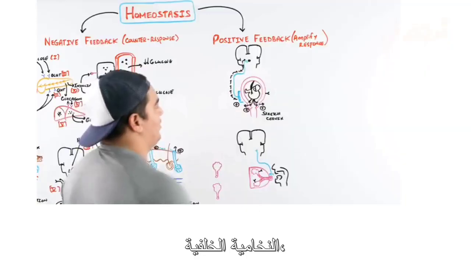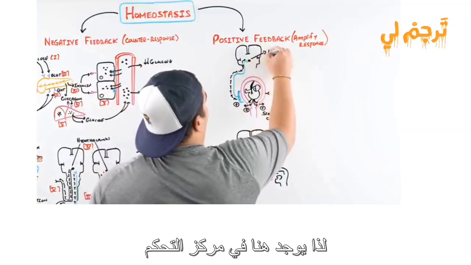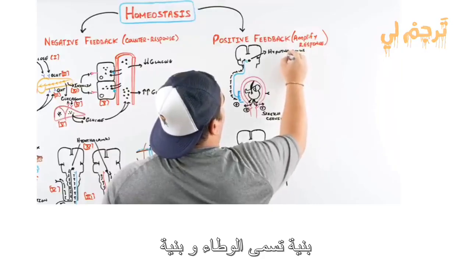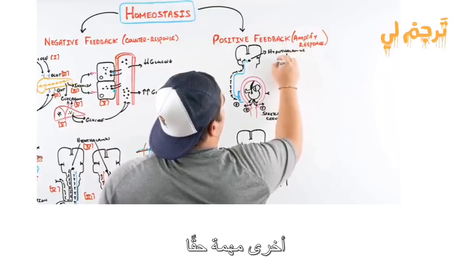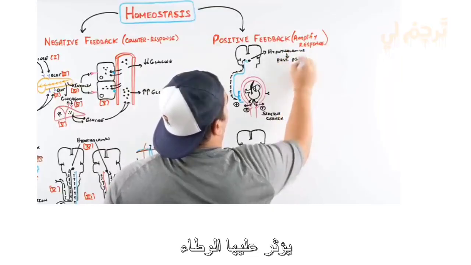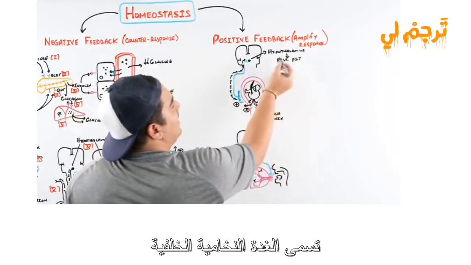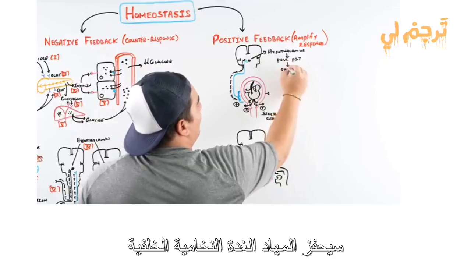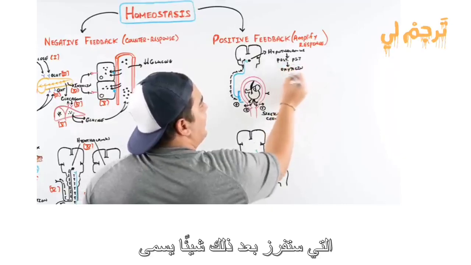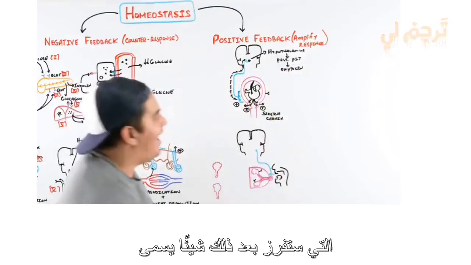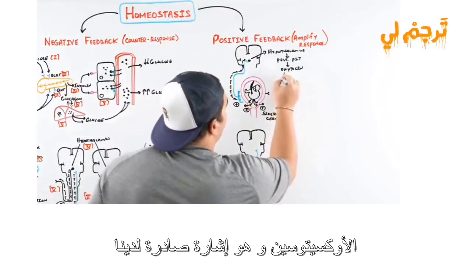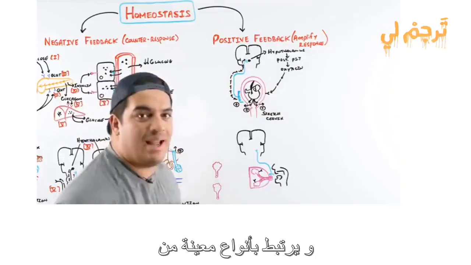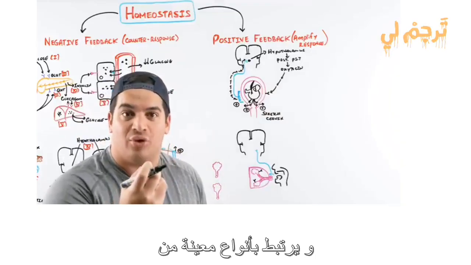So here in the control center, we have a structure called the hypothalamus. And another really important structure that the hypothalamus influences is called the posterior pituitary. The hypothalamus will stimulate the posterior pituitary, which will then release something called oxytocin. That's our efferent signal. Oxytocin will then move down and bind to particular receptors on the muscle of the uterus.